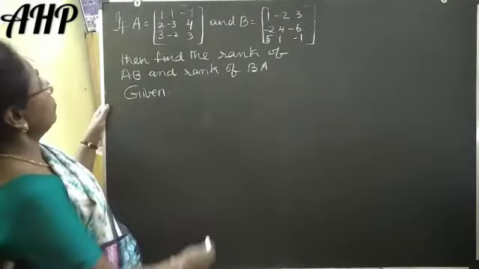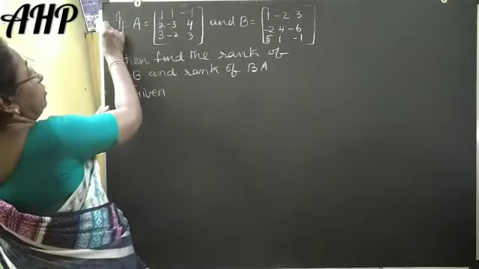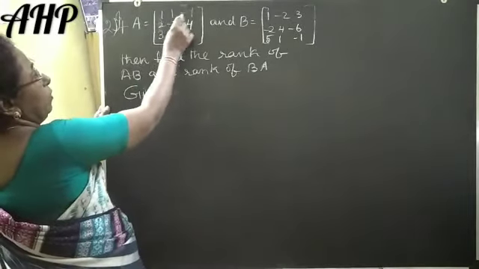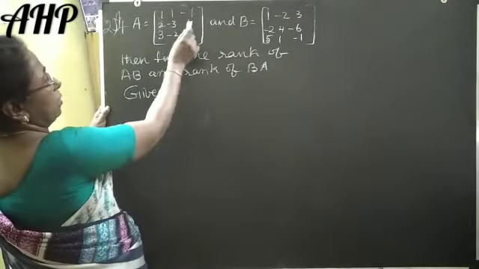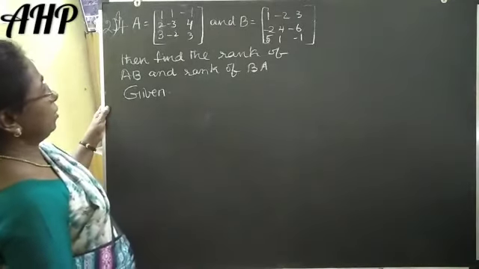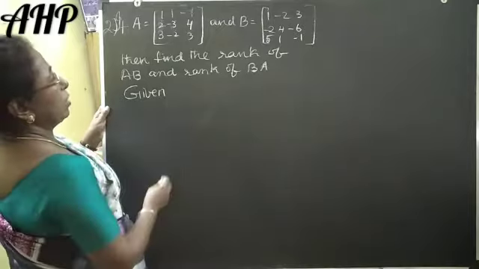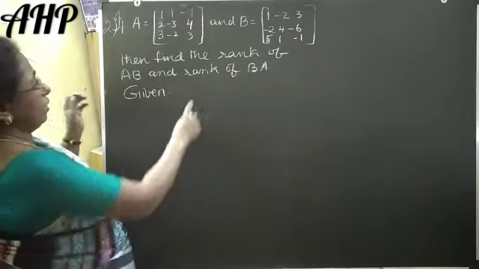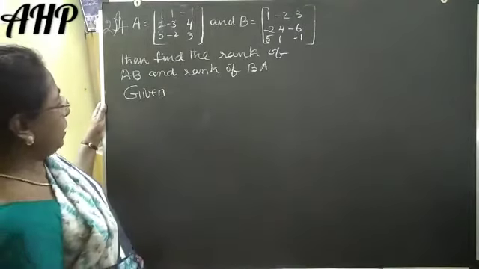The next question, if A is equal to 1, 1, minus 1, 2, minus 3, 4, 3, minus 2, 3, and B is equal to the given matrix, then find the rank of AB and BA.